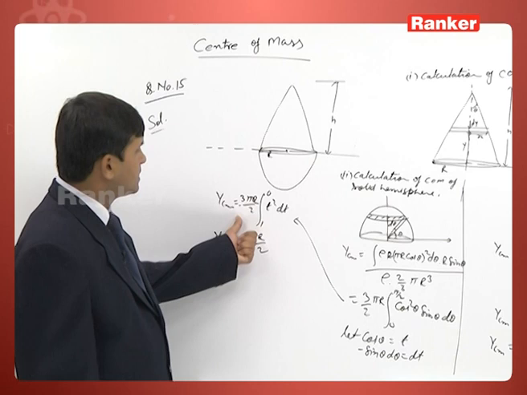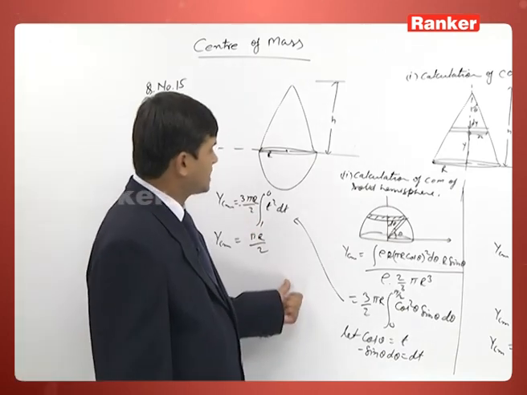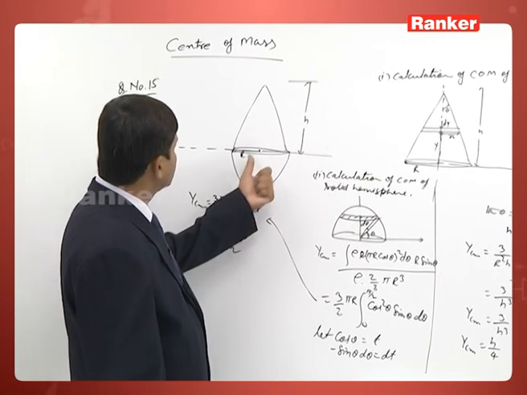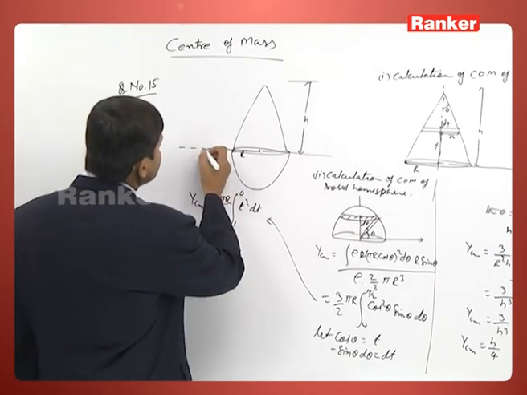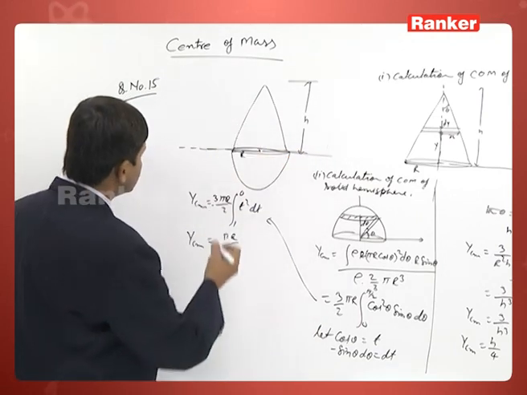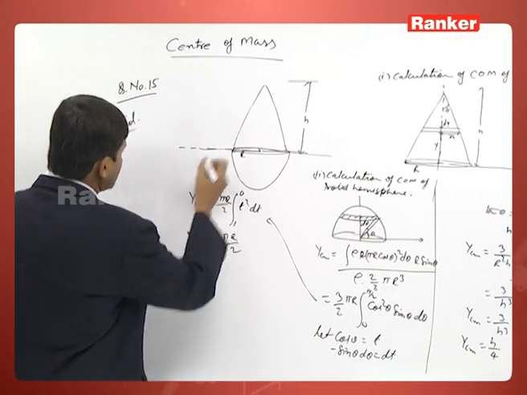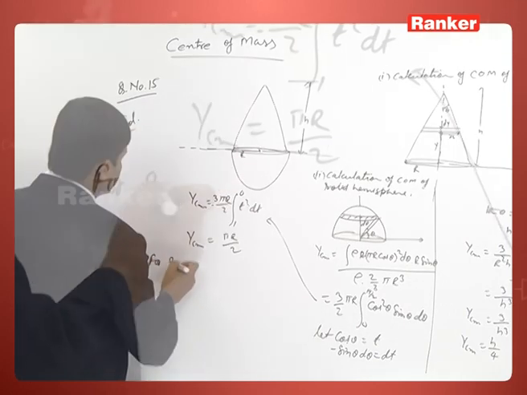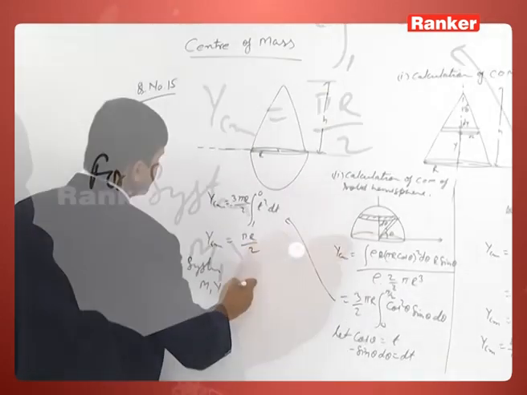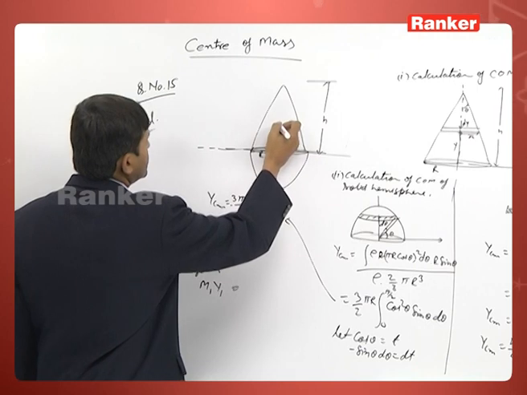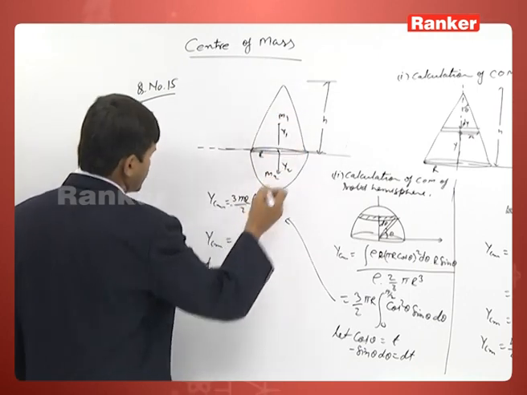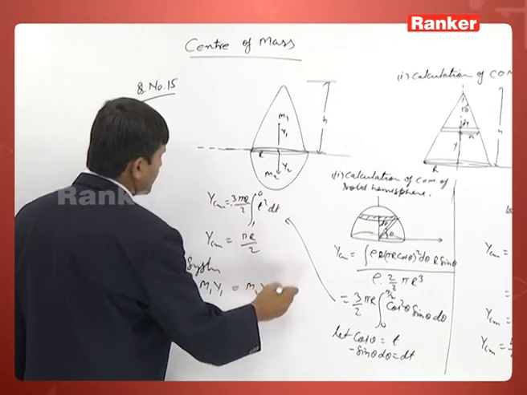The whole system here, see, next point. After knowing the center of mass of this one, since the whole center of mass will lie on this, we can calculate. Now for the system, m1 y1 must be equal to m2 y2.